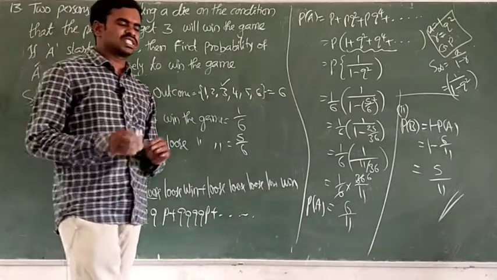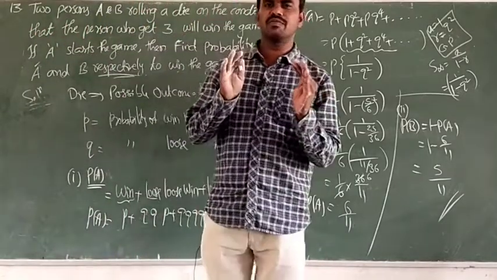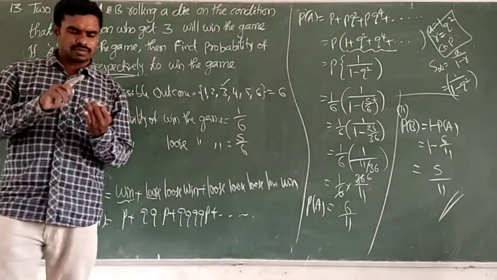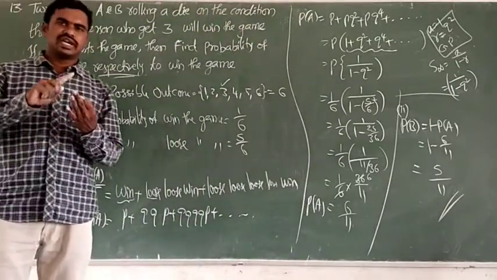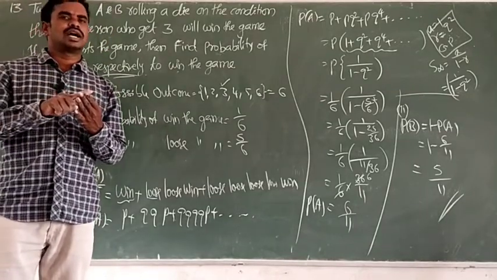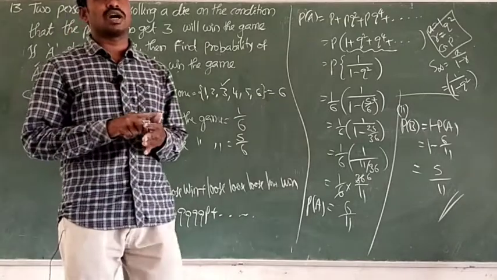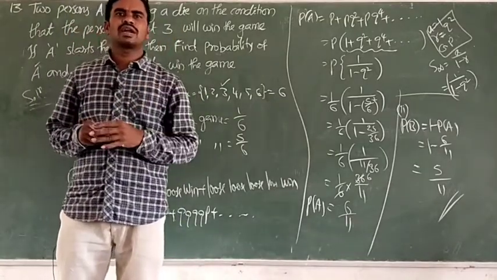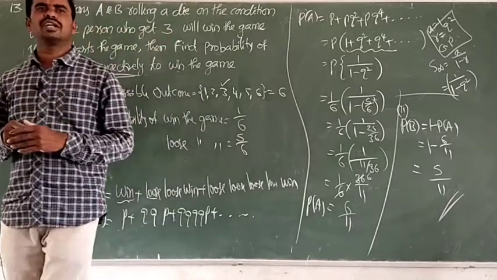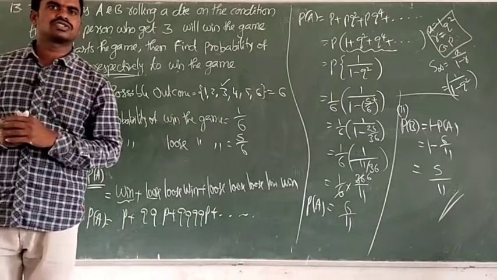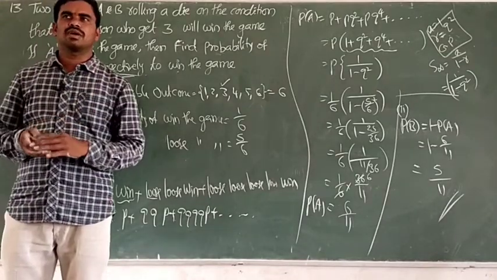Okay, especially for 7 marks, very important: state and prove the addition theorem on probability, multiplication theorem on probability and Bayes theorem on probability, the problems based on Bayes theorem and the remaining part questions. So these are all important, and those who are writing the exam for 2020-21 have no need to solve or learn Bayes theorem problems.